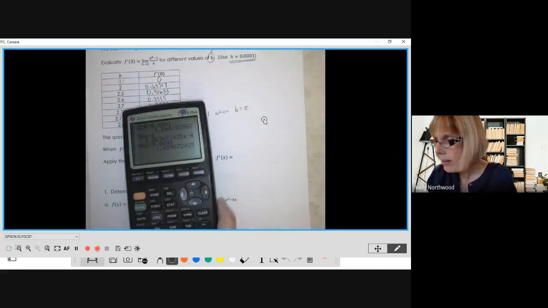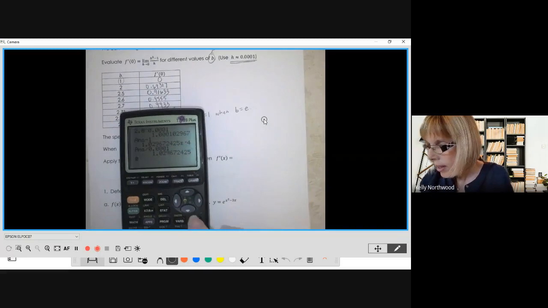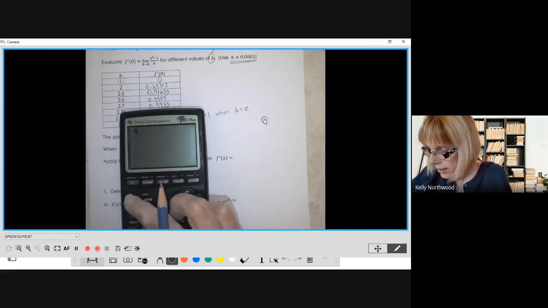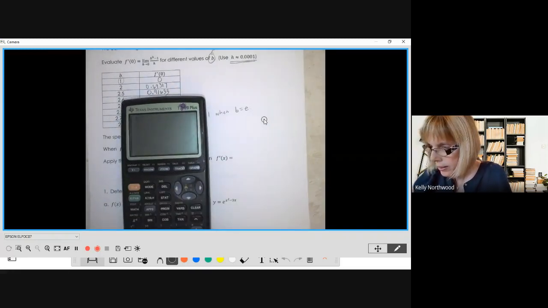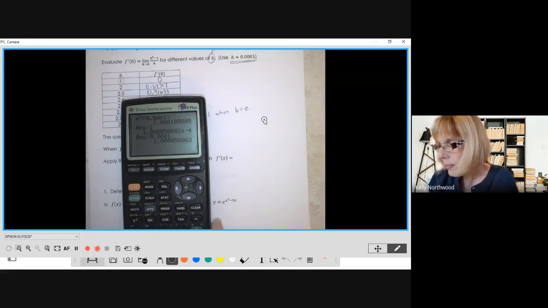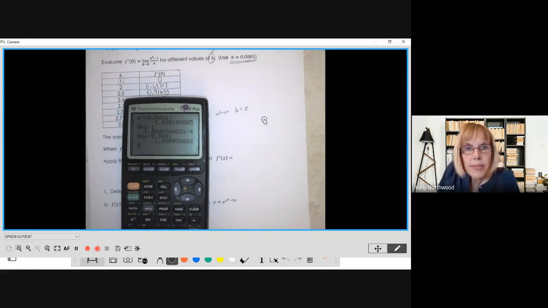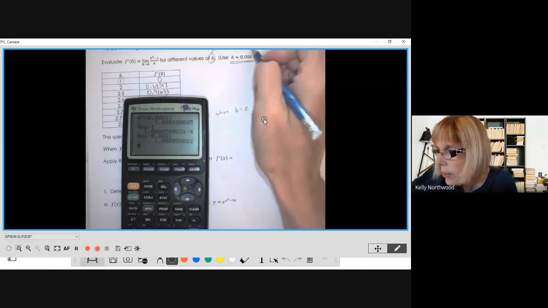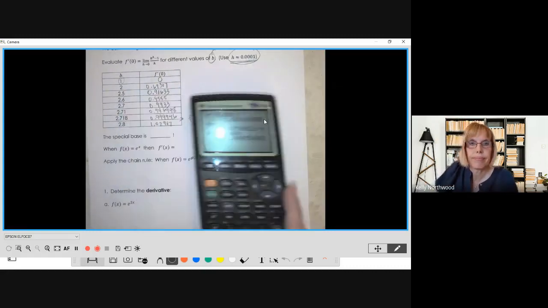So if you do that, try to find your e to the button, e to the 0.0001 minus 1 divided by 0.0001. It's 1.000502, but that's because we used an approximation for h.